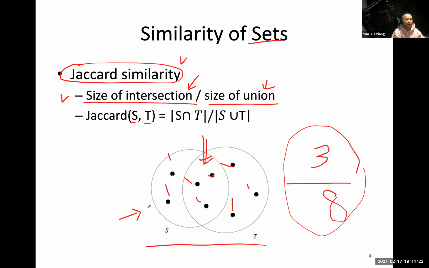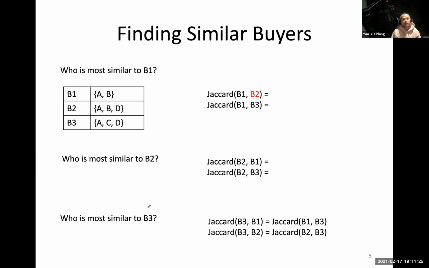So how do we use this? Let's say we want to be able to find similar buyers, and these are all our buyers, and these are the item sets the buyers have bought. B1 bought A and B, B2 bought A, B, D, B3 bought A, C, D. What's the Jaccard similarity between B1 and B2?